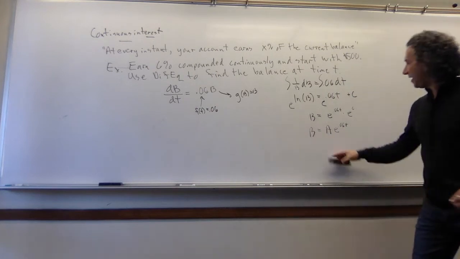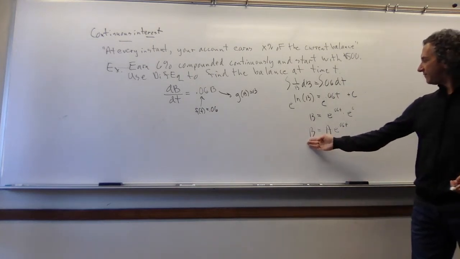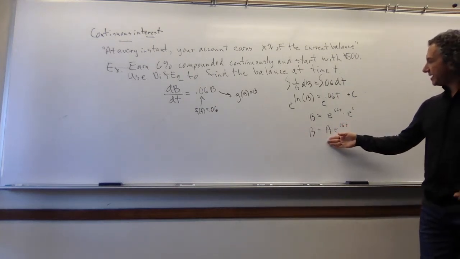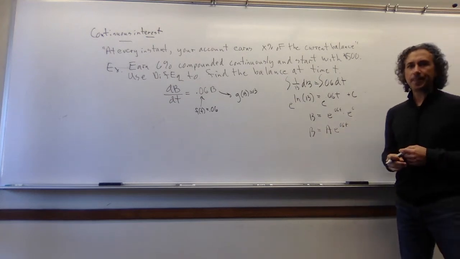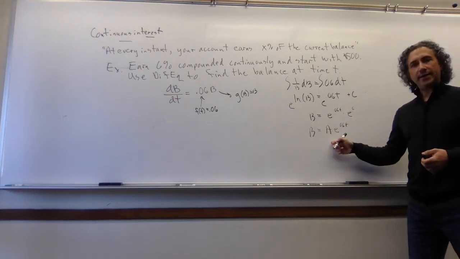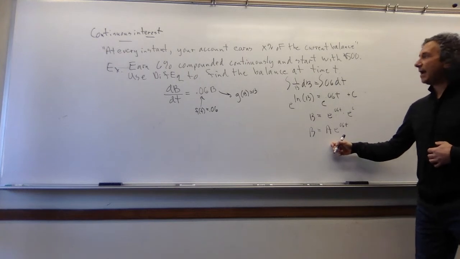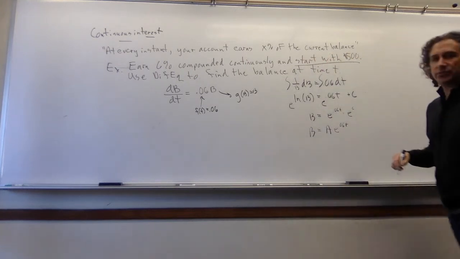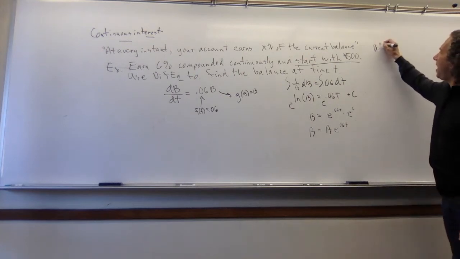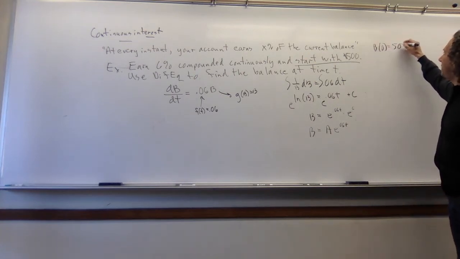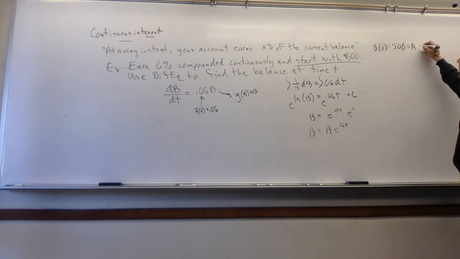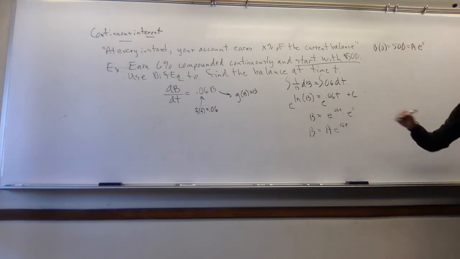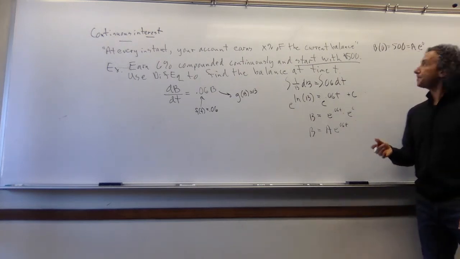Well, we have this formula. B is some function of t. It's equal to some constant A times e to the 0.06t. Can we solve for A? Yeah, we can, because we know that at time 0, we have $500. So b of 0 is 500, and that equals A e to the 0.06 times 0, which is just 0.